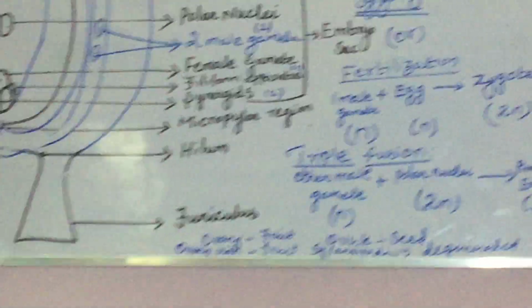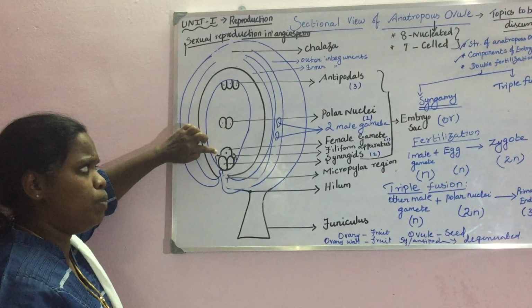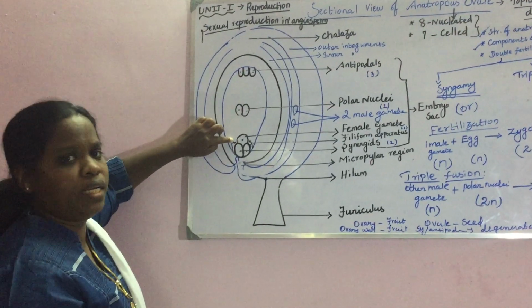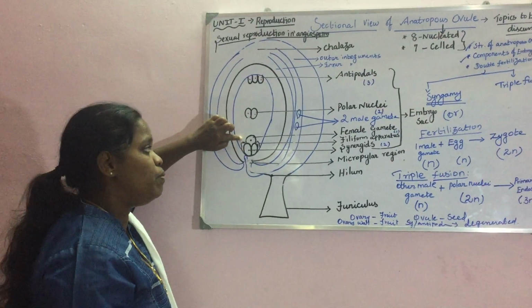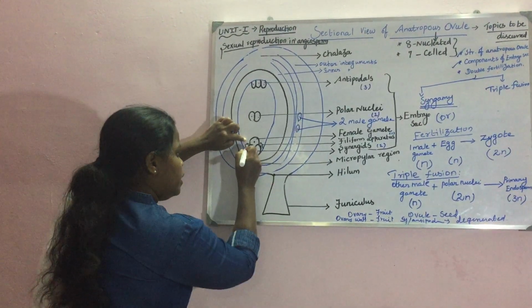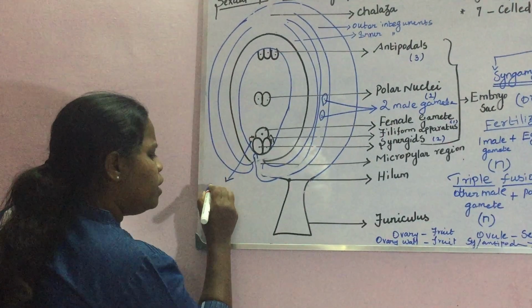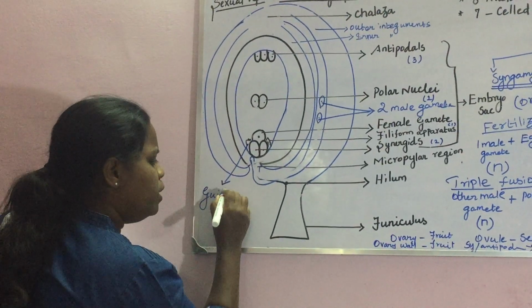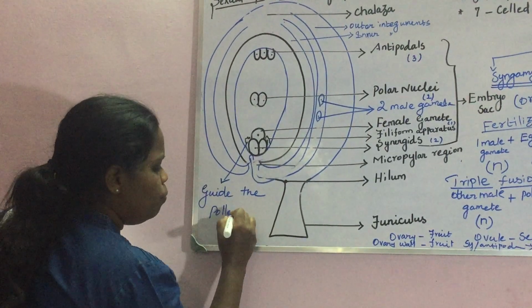Here one more thing, the filiform apparatus. I didn't explain this. What is the role of this filiform apparatus? It gives guidance. It guides the pollen tube.